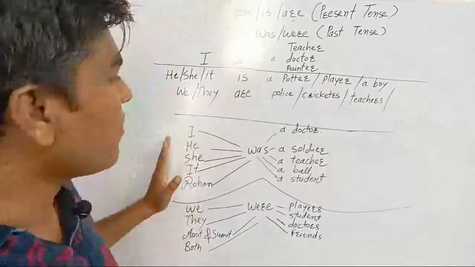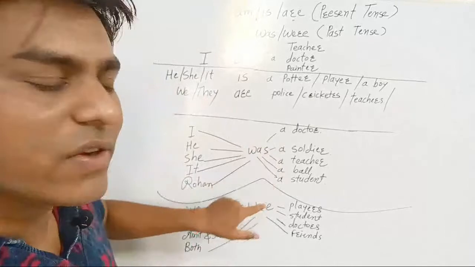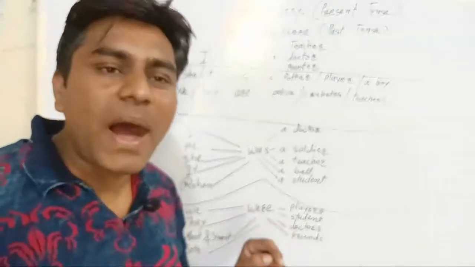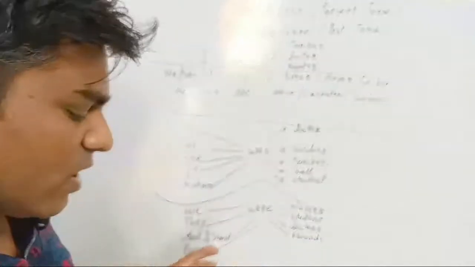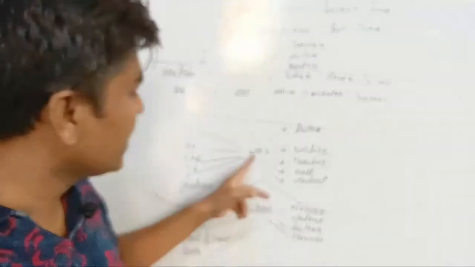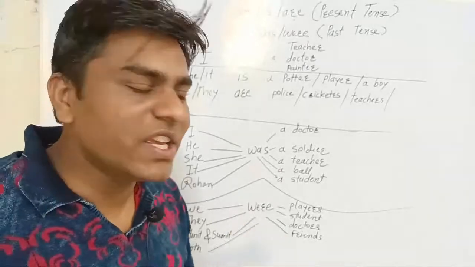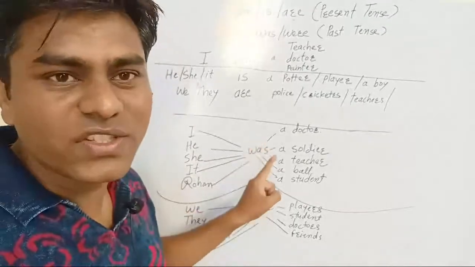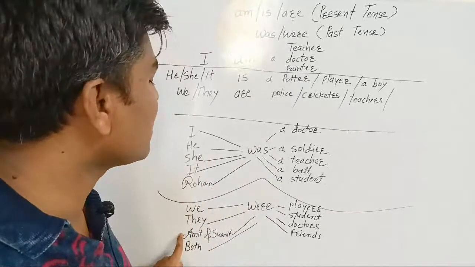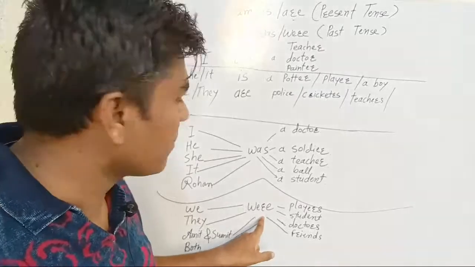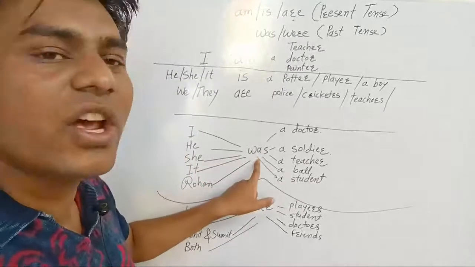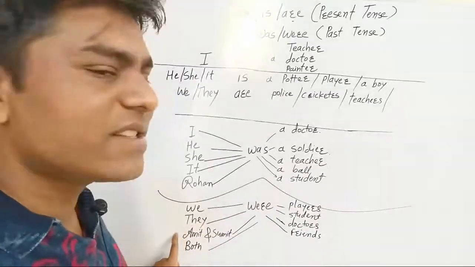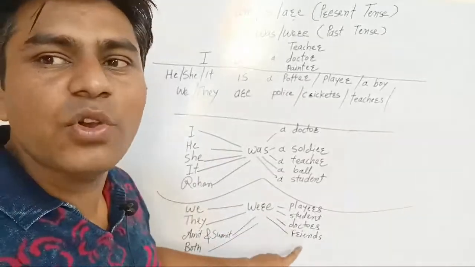Then I have written here the 2 auxiliary verbs. These 2 auxiliary verbs are in the past form, and when we are going to use these 2 auxiliary verbs, then we have to see the singular subject with singular auxiliary verb, then plural subject with the plural auxiliary verb. Singular subject, singular auxiliary verb, singular object. Plural subject, plural auxiliary verb and plural objects.